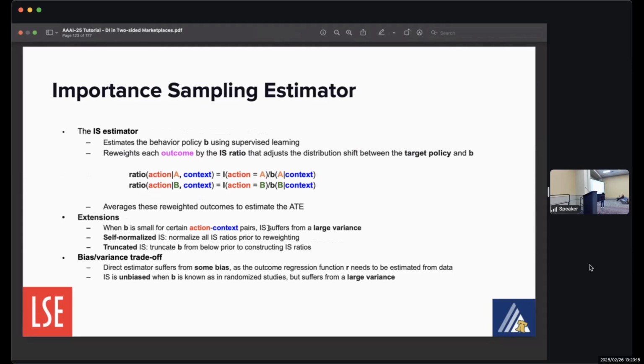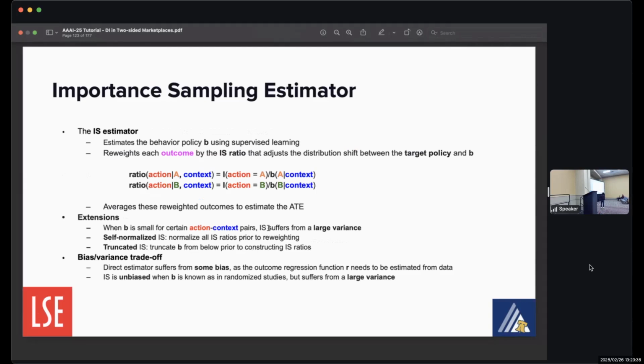Once you have the behavior policy estimator, IS constructs the importance sampling ratio in order to adjust the distributional shift between the target policy and the behavior policy. That's the ratio under a given target policy over the behavior policy.